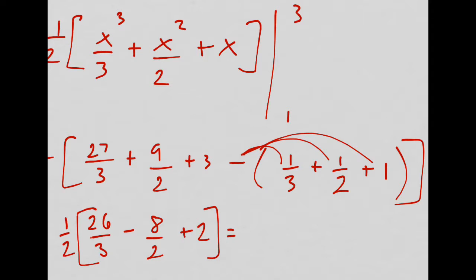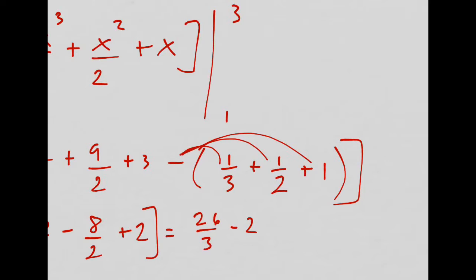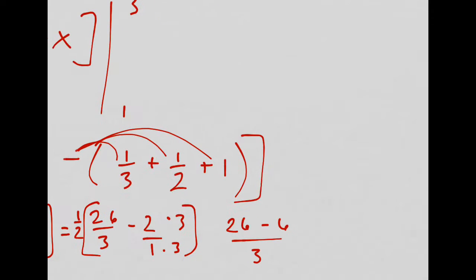So then I have 26 over 3 minus 4 plus 2, so that's just minus 2. I'll get a common denominator by multiplying by 3, so it's minus 6. 26, and again, still multiply by 1/2. 26 minus 6 all over 3, that's 20 over 3.